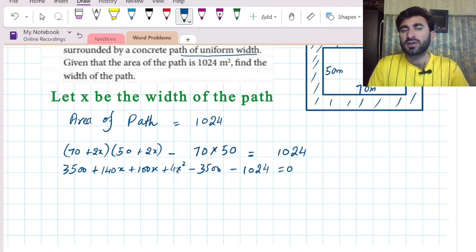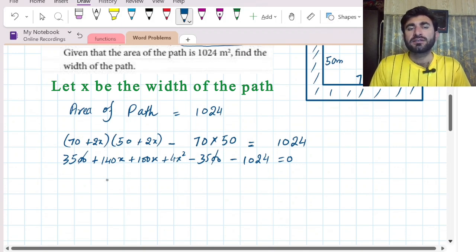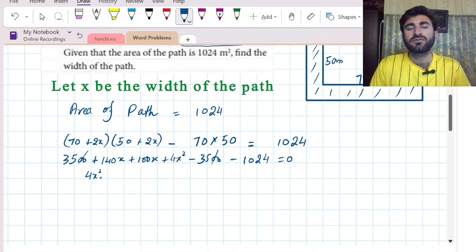Because it is a quadratic equation, first we need to simplify it. If there are terms which can be cancelled out, definitely there is 3500 positive and negative, and the quadratic term being 4x square will be written in the first, then it is 140x and 100x, so it will be 240x. Further, it is minus 1024, which equals 0.